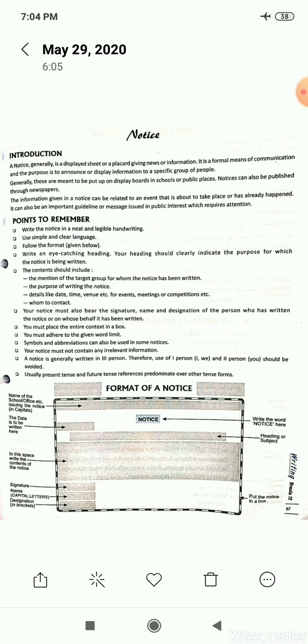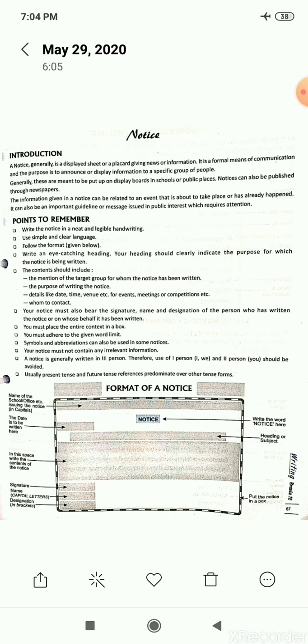Next point: you must place the entire content of the notice in a box, most probably a rectangular box, fitted to the length of the notice. Next, you must adhere to the given word limit.